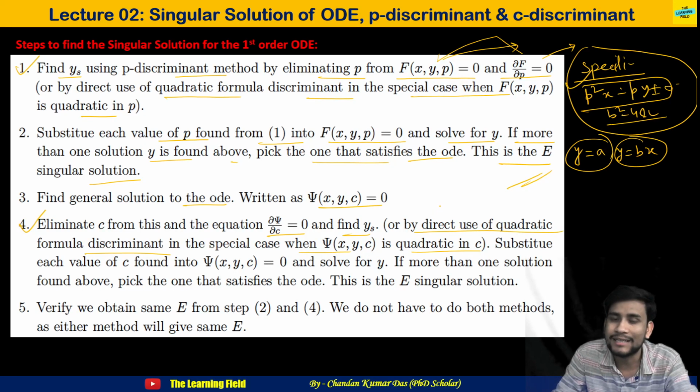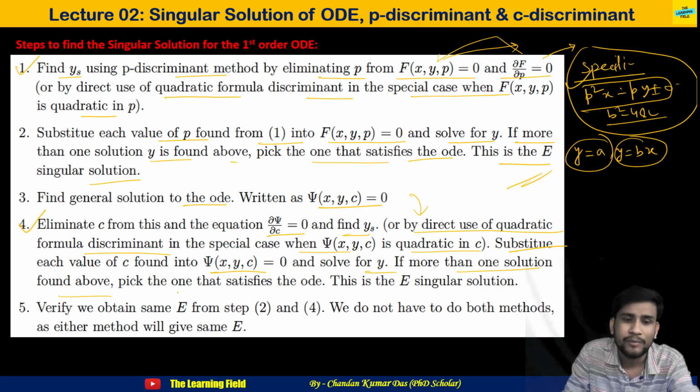The extra thing that you have to do in the case of the c-discriminant method is that you have to solve the differential equation. Then substitute each value of c found into psi(x, y, c) = 0 and solve for y. If more than one solution is found, pick one of them which satisfies the ODE. This is the singular solution. The same case: verify we obtain the same solution from step 2 or step 4.